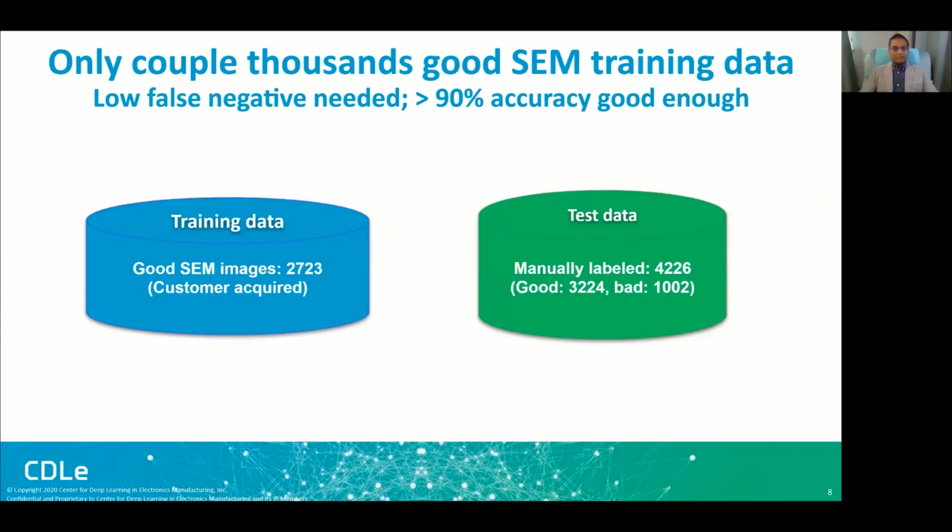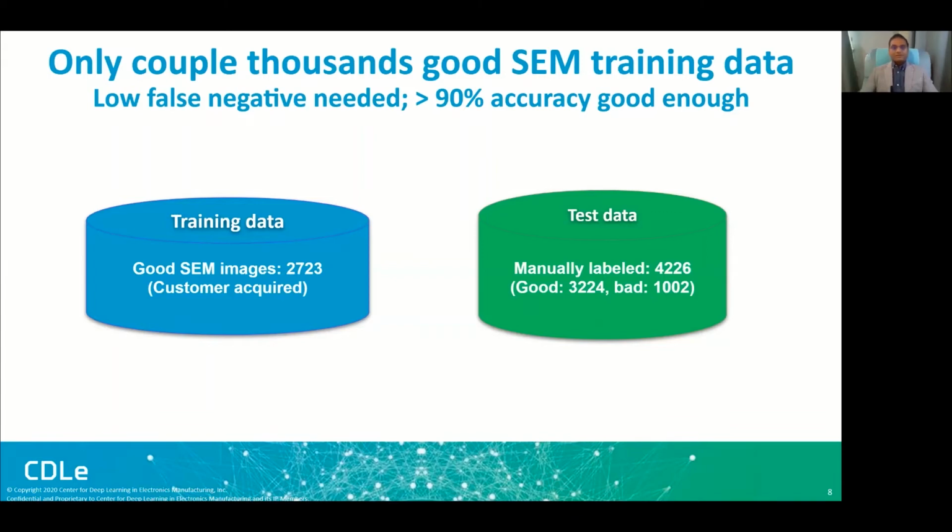For this tool, the deep learning model only required 2,700 images, which was acquired by customers. These were good SEM images. And for the test data, we had 4,200 images, which were manually labeled. And that's the test data, which took 4.5 hours.